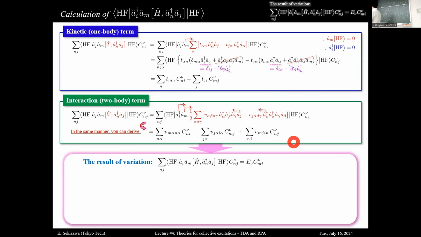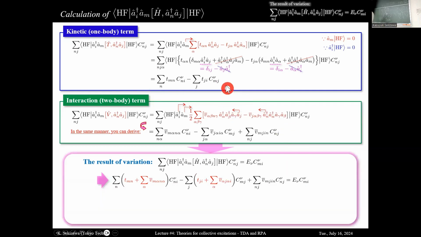Here is the summary. The point is the following. This equation is a result of variation. We assumed that the excited state nu is written as a superposition of particle-hole excitations, and took a variation with respect to this coefficient C star. This way we got this equation.